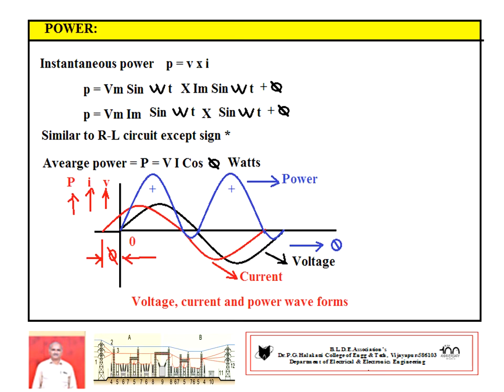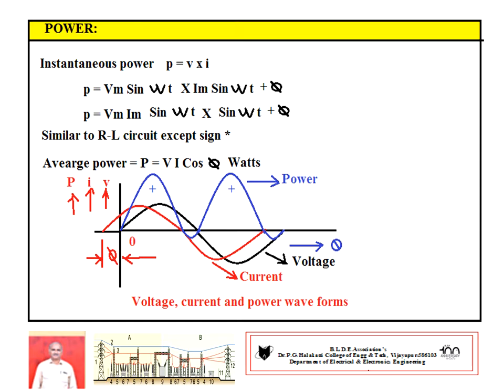So, to derive the power, you have to consider instantaneous power. Instantaneous power equals the product of instantaneous voltage and instantaneous current: Vm sin omega t into Im sin(omega t plus phi). So, this is similar to the RL series circuit equation, only sin(omega t plus phi).